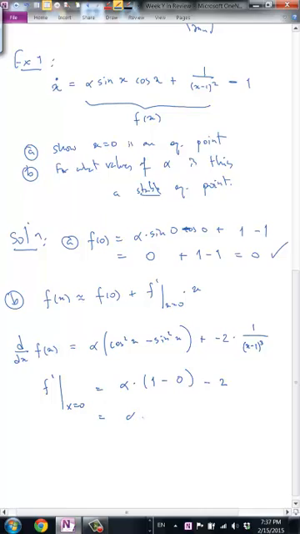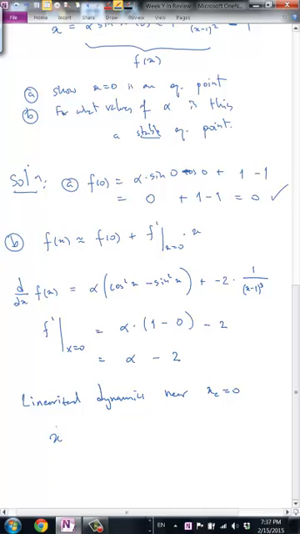So the derivative is alpha minus 2. And therefore, the approximate dynamics, the linearized dynamics, near the equilibrium point are x dot is equal to alpha minus 2 times x.